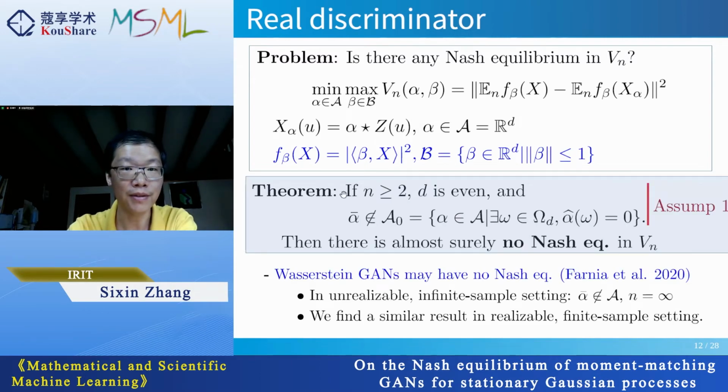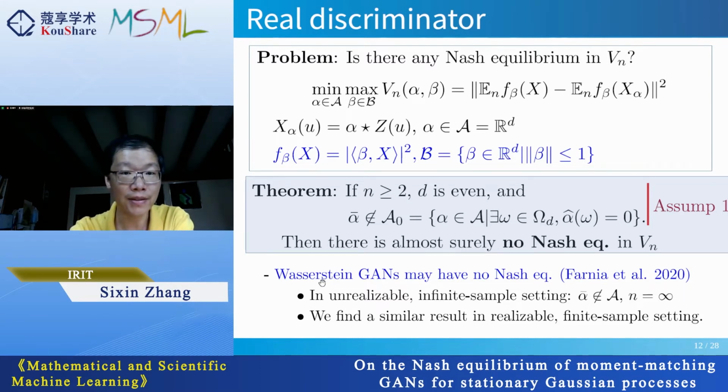And the theorem is, under some technical assumptions, that the number of data is larger than 2, the dimensionality of X is even, and alpha bar, the ground truth generator parameter, is not degenerate, that means there is no zero eigenvalue in the covariance matrix of X. Then under these assumptions, we can show that there is almost surely no Nash equilibrium in this game.